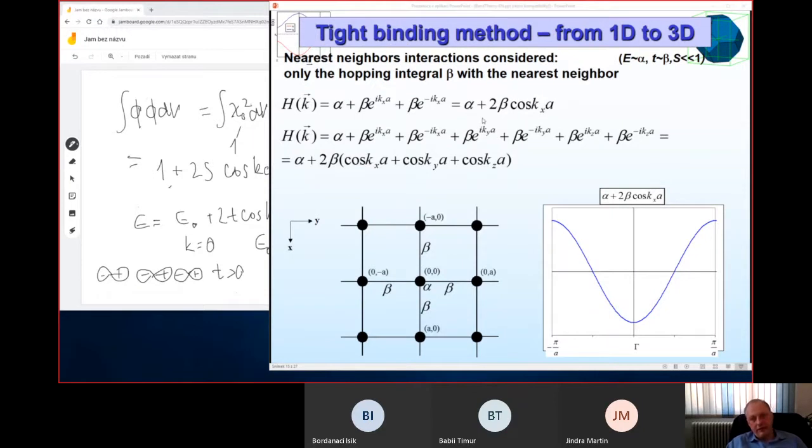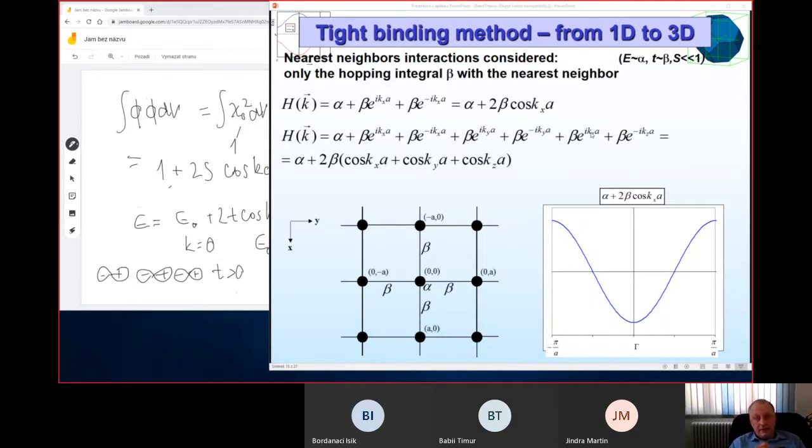In one dimension we have this form, but in 3 dimensions we have 6 terms of this type. We can always combine the terms which have the same kx, ky or kz, the same component of the k vector. We can use the Moivre law and express these exponential parts as a sum of cosine and sine, where the sine part is complex and contains the imaginary unit i.